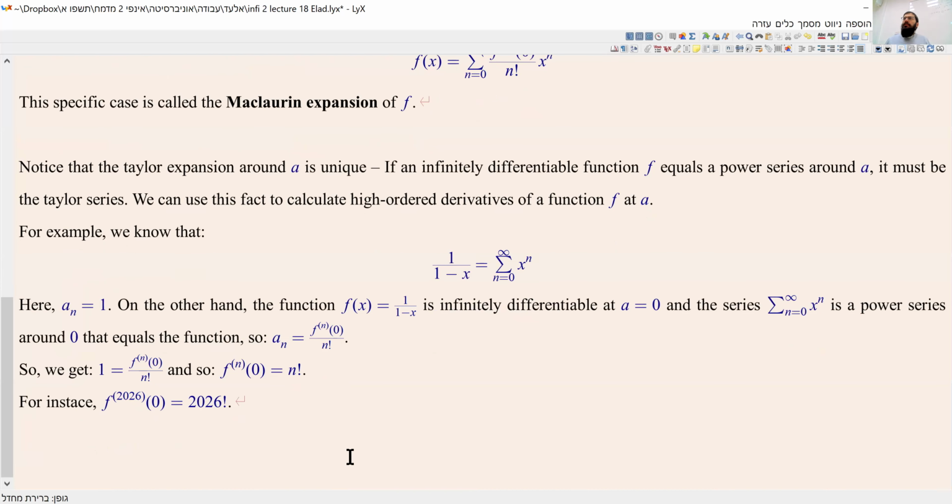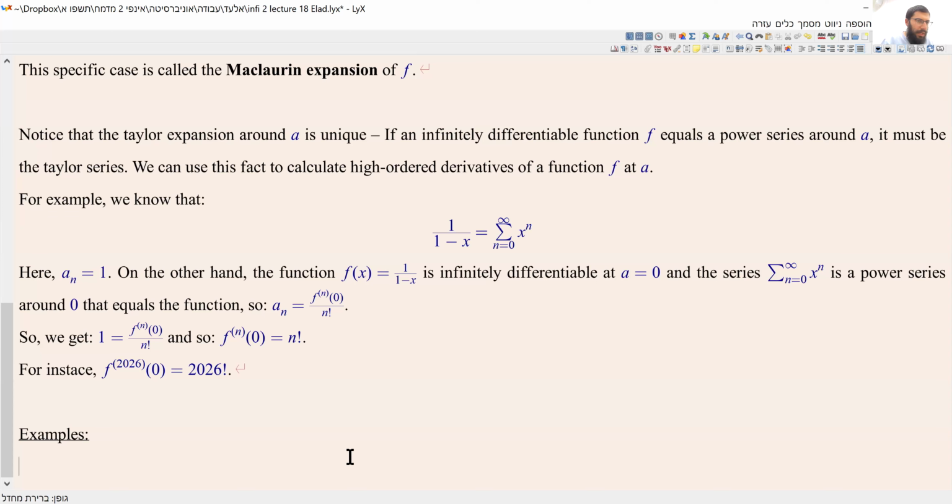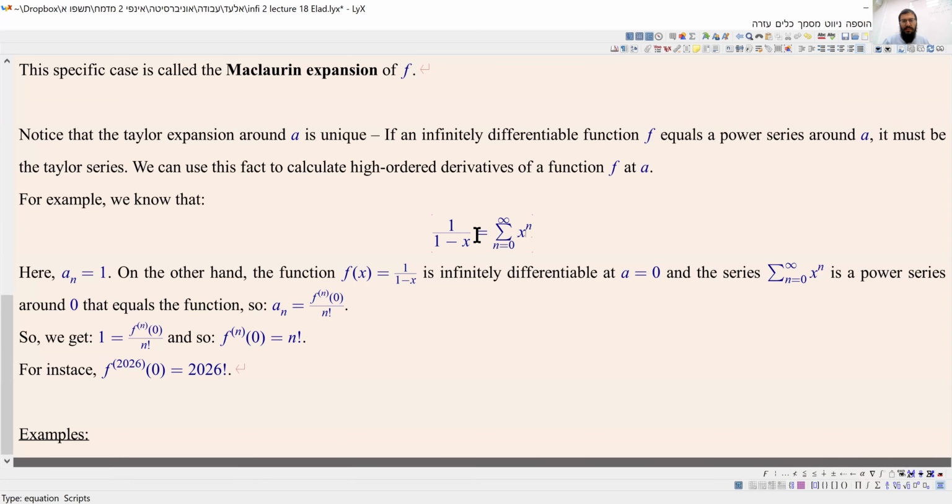Okay, any questions? So, we know that the function 1 over 1 minus x equals this series in the segment between -1 and 1.